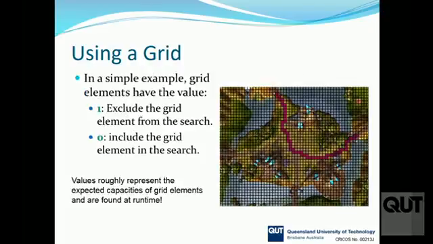So we could then just use that function in a really simple way. We could just use it as a yes-no kind of function and say, well, we'll exclude grids. If it's 1, we'll exclude the grid. If it's 0, we'll include the grid.